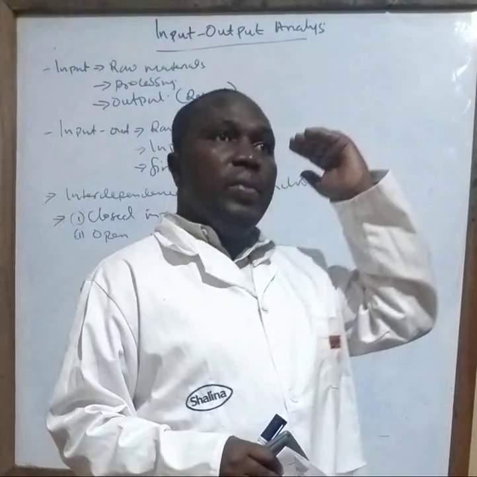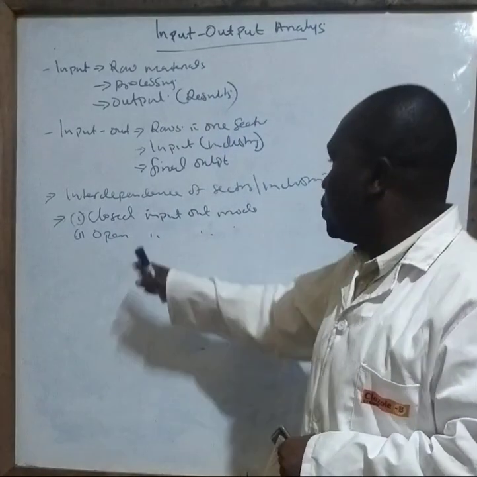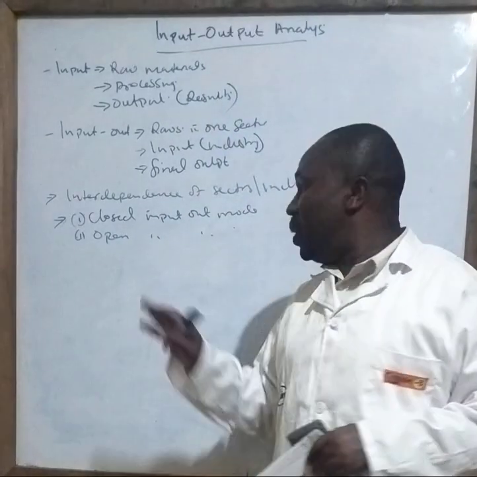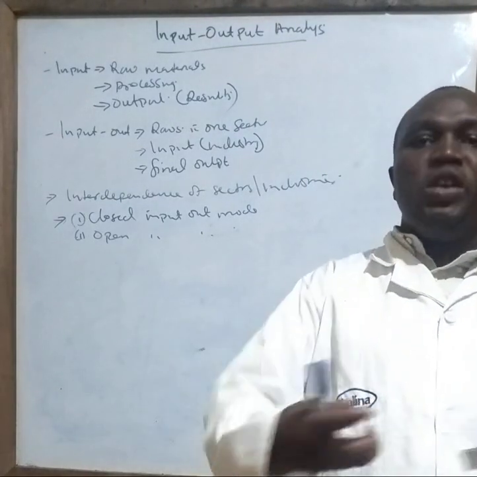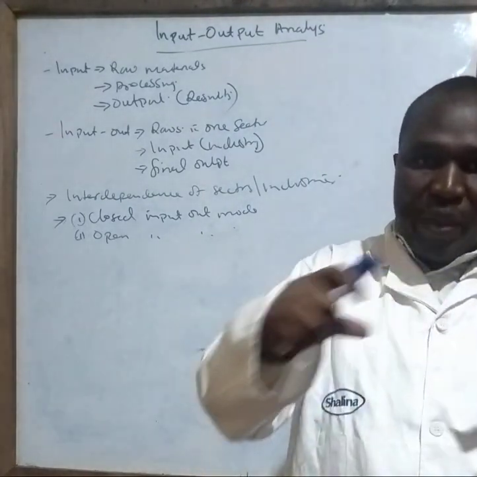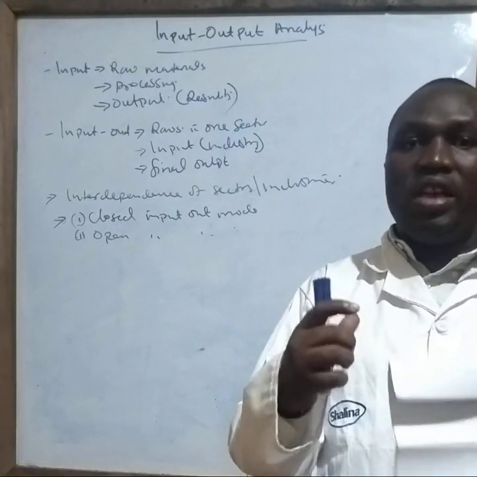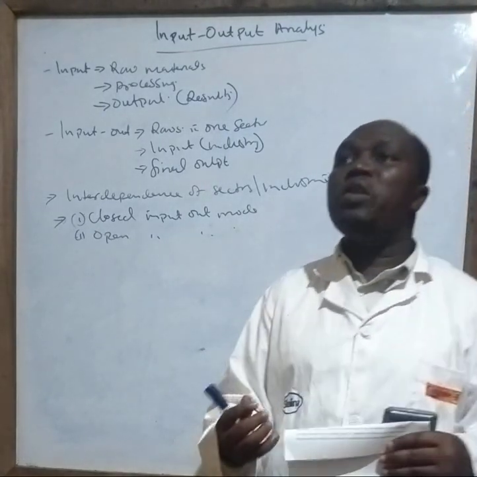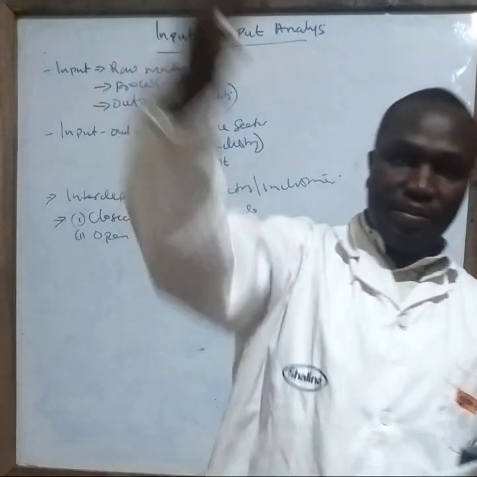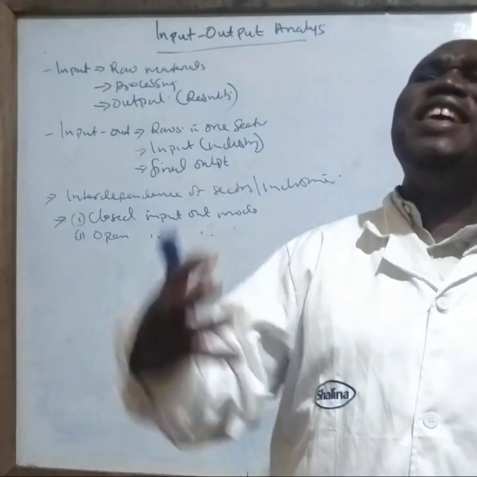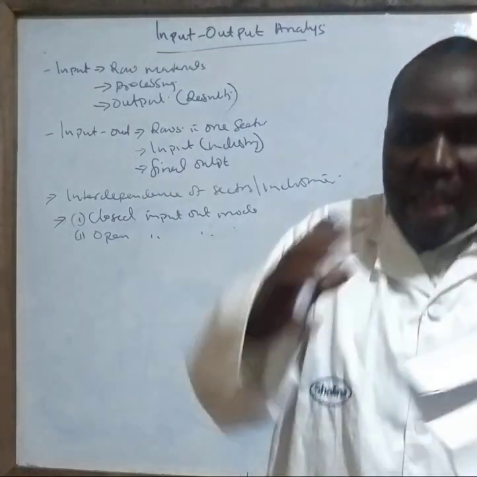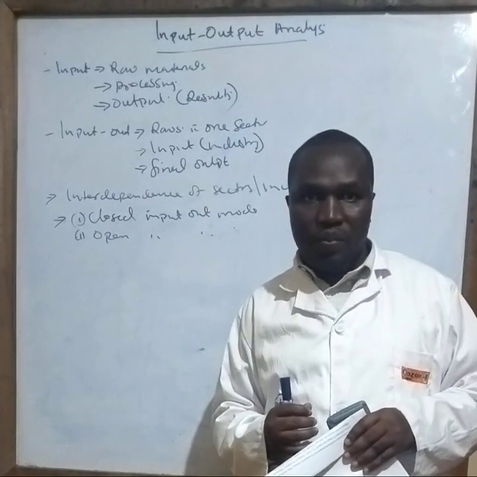Now, there is another model called the open input-output model. This particular type of model is open, in that whatever has been produced by the interdependent sectors or industries can also be sold to external industries that are not related with the industries in this particular cycle.